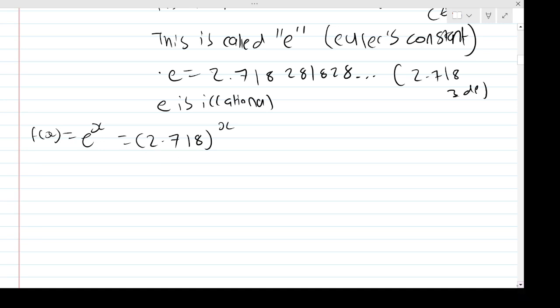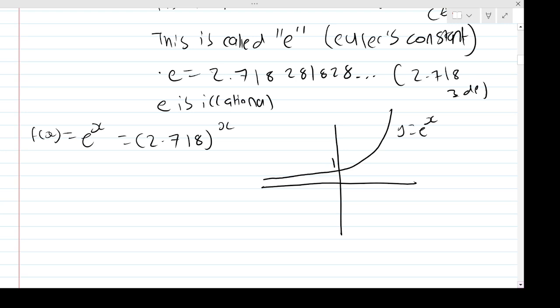That's a type of exponential. And actually, the e to the x graph looks like an exponential graph. So we can draw the graph e to the x, and it will pass through 1, just like all the other exponential graphs. This is the graph y equals e to the x, just like any other exponential graph that we saw last time. So that's the graph e to the x.